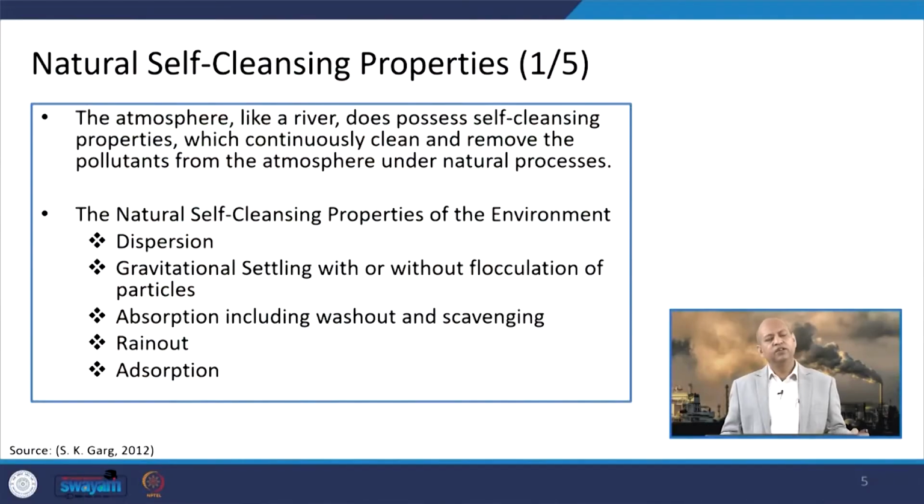So, the natural self cleansing properties of the environment are related to dispersion of the pollutants or gravitational settling with or without any flocculation of the particles. It could be wet deposition, dry deposition. Then there is also absorption including washout or scavenging kind of phenomena, rainouts or adsorption. All these things are present in nature. Every day we see it in all components of the environment, whether water and air.